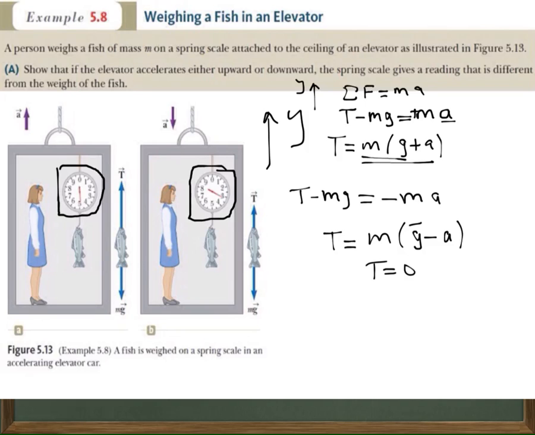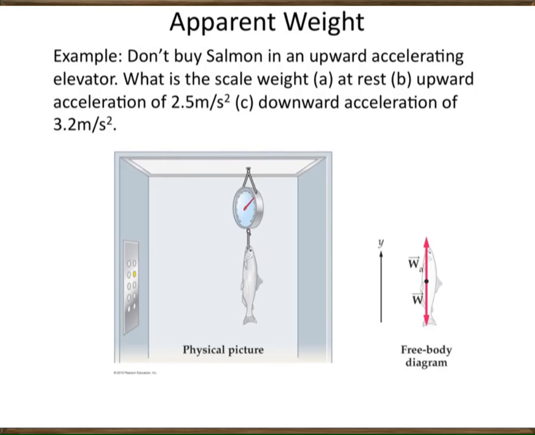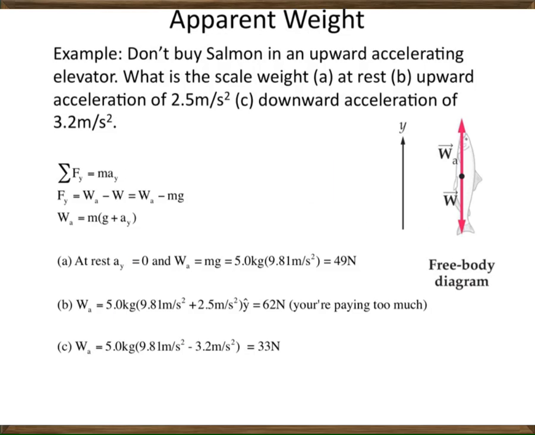That means you will feel zero weight when you are up in the air. This apparent weight is just the tension on this rope. Apparent weight might be less than your real weight or larger than your weight, depending on the acceleration of the elevator.